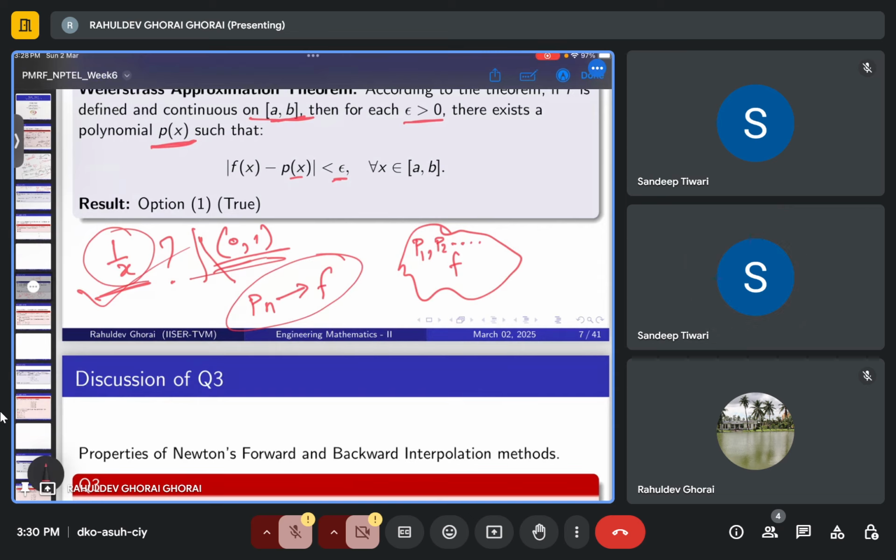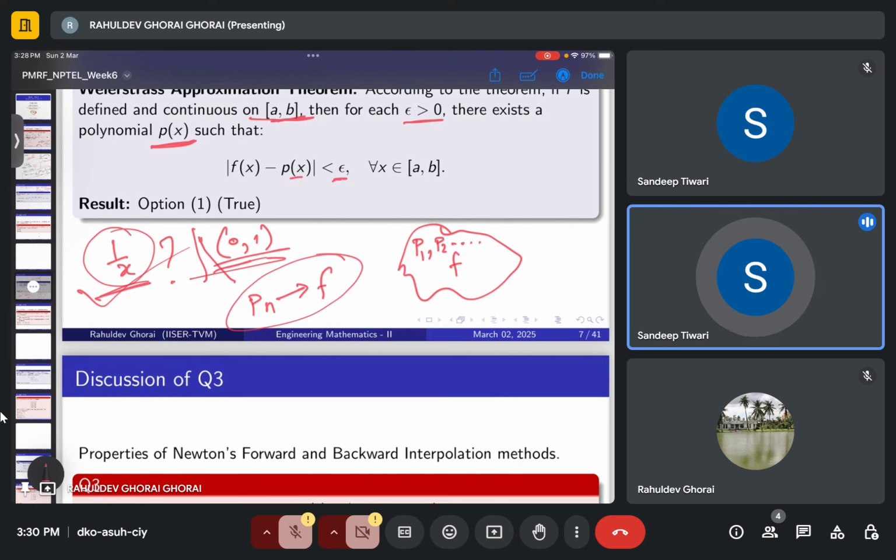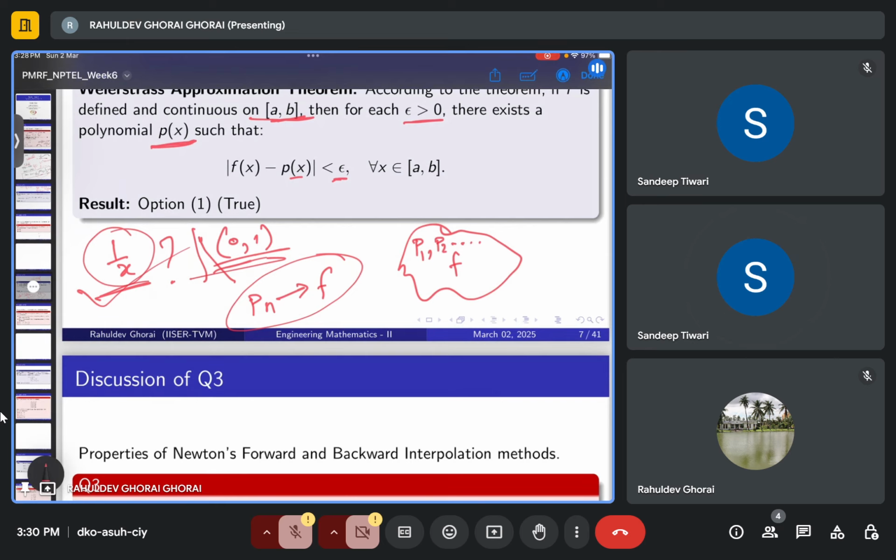But one can say that p(x) is also going to infinity. No, polynomials are bounded on a closed interval, exactly. So that's what I'm also telling.